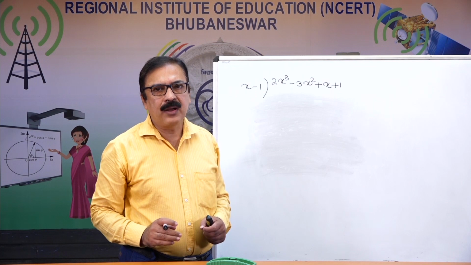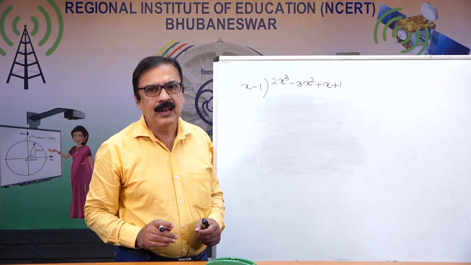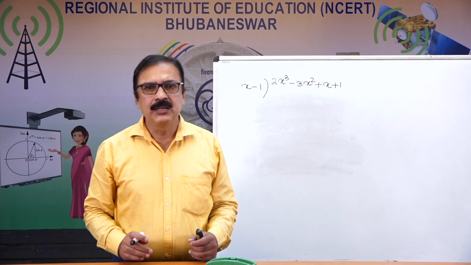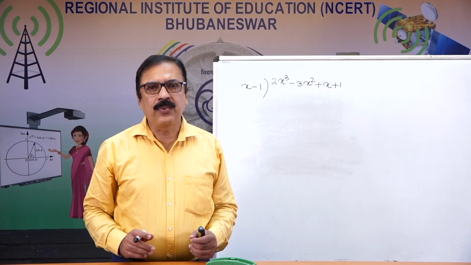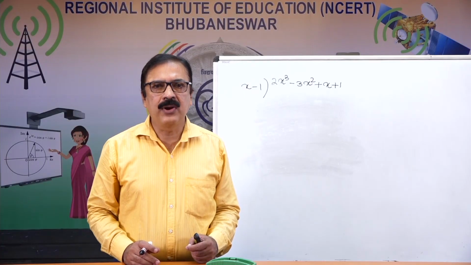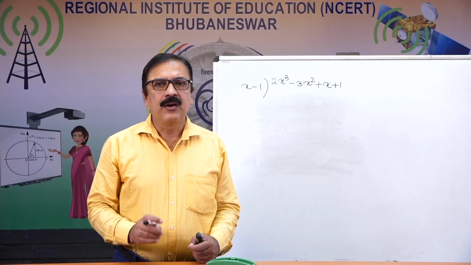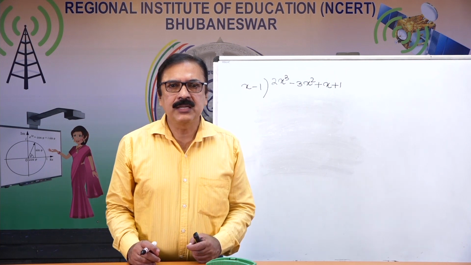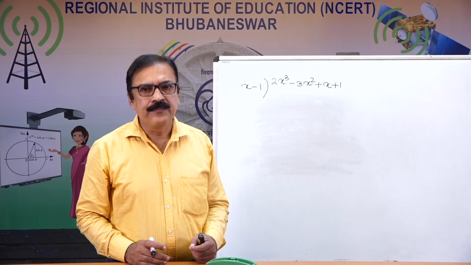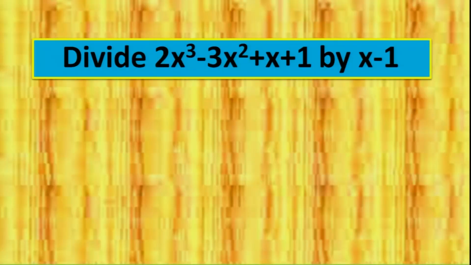What is the standard form of writing a polynomial? The standard form is to write the polynomial in descending order of the exponents of the variable. Here it is already in standard form, so we can start.